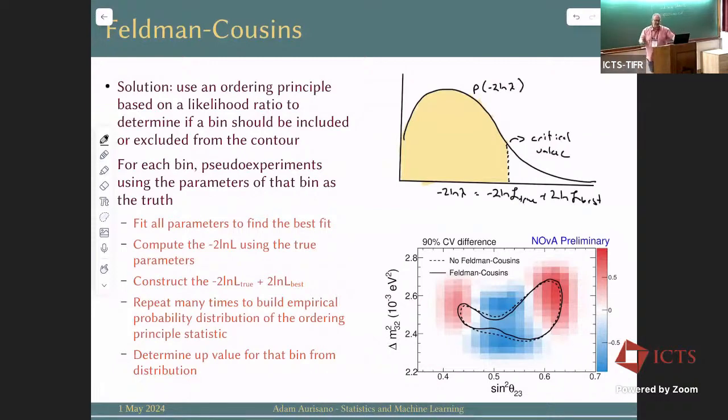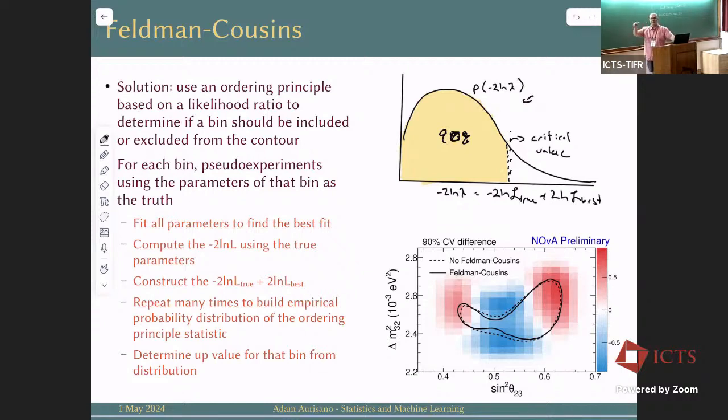So you may build this many times to make a probability distribution of this -2 log likelihood ratio metric, a figure of merit. And then you determine, let's say you want to set a 90% confidence level limit, then you find where 90% of the pseudo experiments live inside here, and then you find the value of your -2 log likelihood ratio that contains those 90%, and that's your critical value or your upper value.